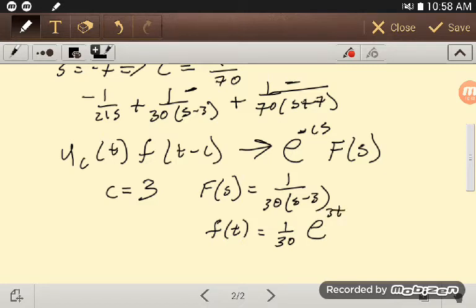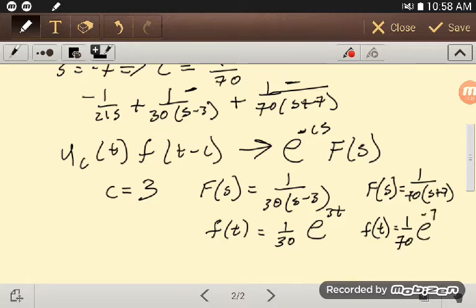Similarly for the 70, the big F(s) is 1 over 70 times 1 over s plus 7. So that means little f(t) is 1 over 70 e to the minus 7t. But notice what this says is it's t minus that c, so t minus 3.